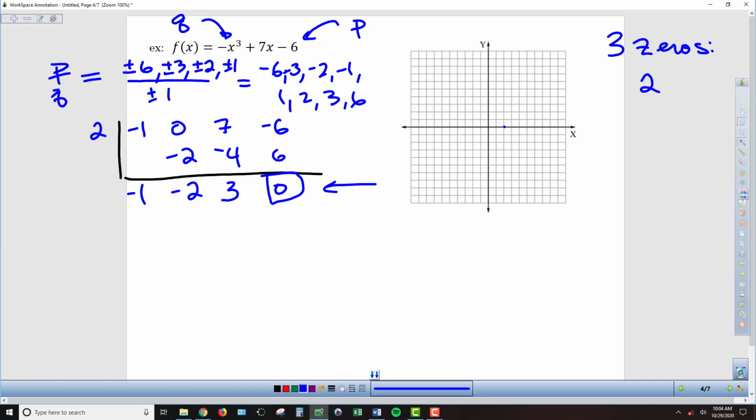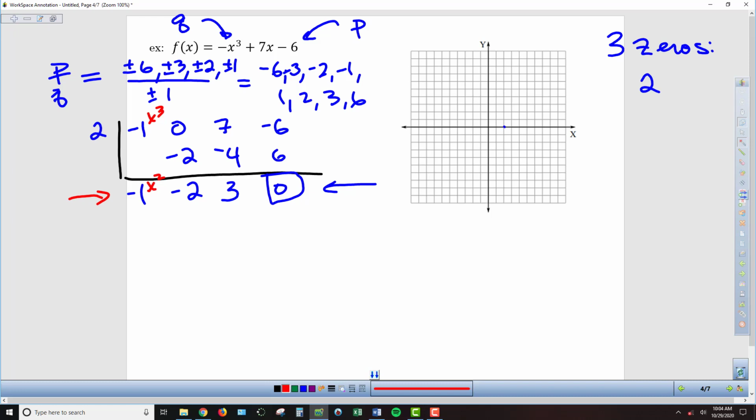But at this point, because we've gone from a cubic polynomial and found a zero, which means we found a factor, these are now the coefficients in front of a quadratic. So everything gets knocked down by 1 on the exponents of x. We don't need to use synthetic division anymore.